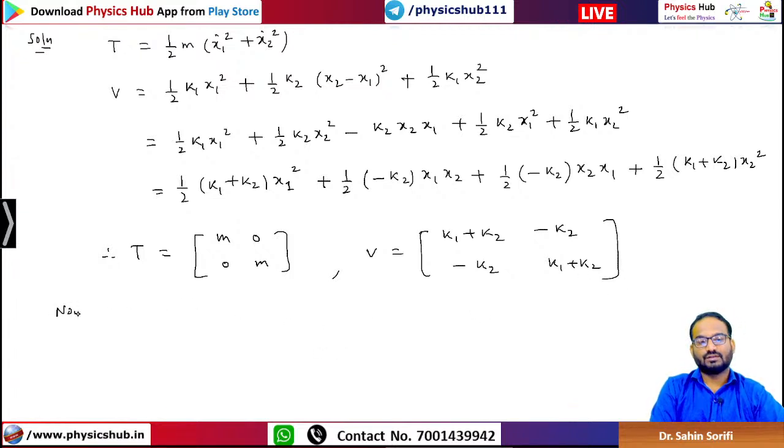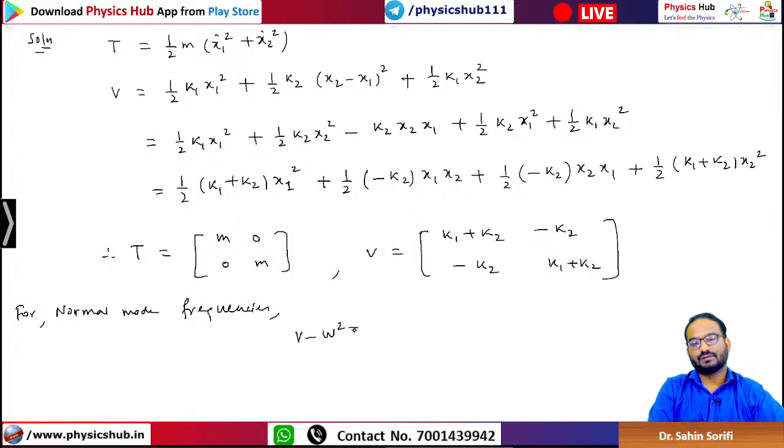So for normal mode frequencies, you have V minus omega square T equals 0.